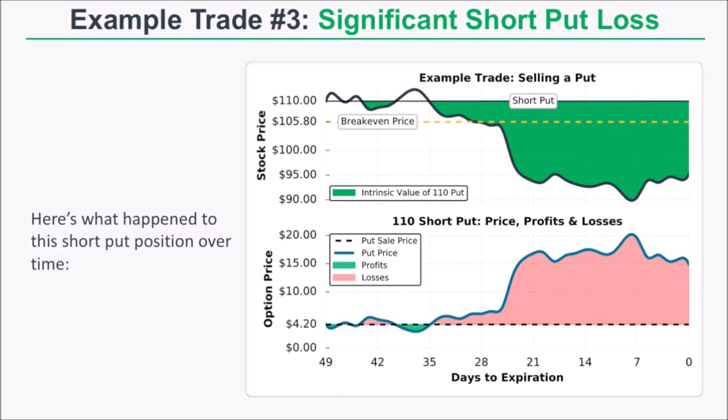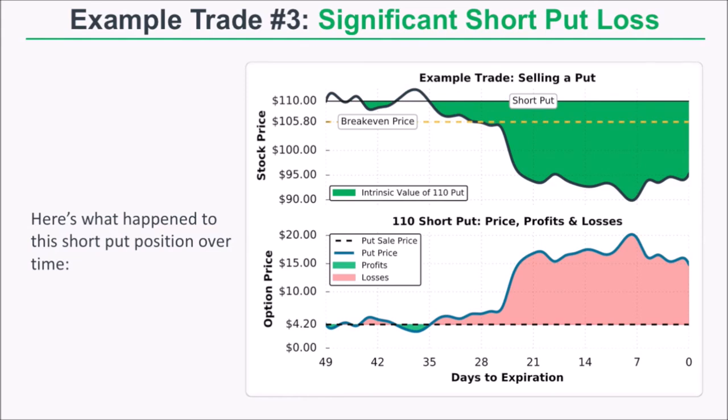So for example, if you would have just purchased 100 shares of stock for $110, your maximum loss potential would be $11,000. However, since we decided to sell the 110 put and collect a $4.20 credit for it, that brought our break-even price or effective share purchase price to $105.80. So since this short put was deep in the money at expiration, you would be assigned 100 shares of stock at the put strike price of $110 per share.